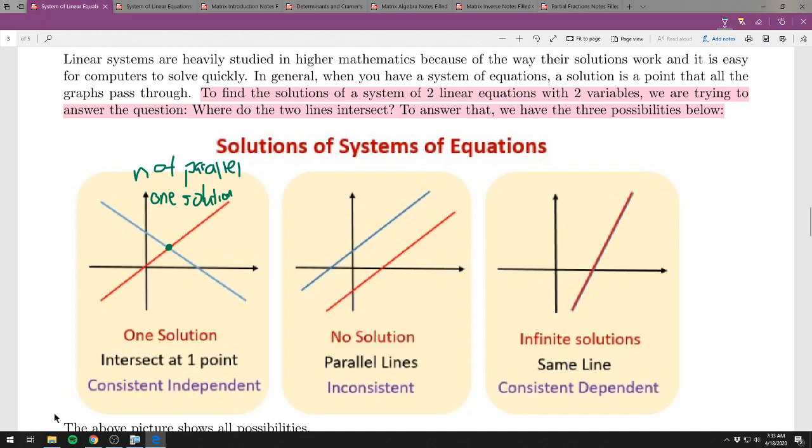Now, when we solve it algebraically, you don't necessarily need to recognize that they're not parallel to do it. You're going to do the same thing no matter what. But if you get one solution, that means the lines were not parallel.